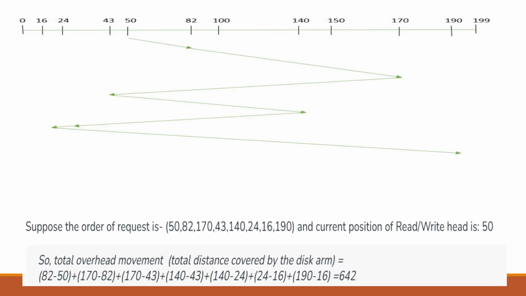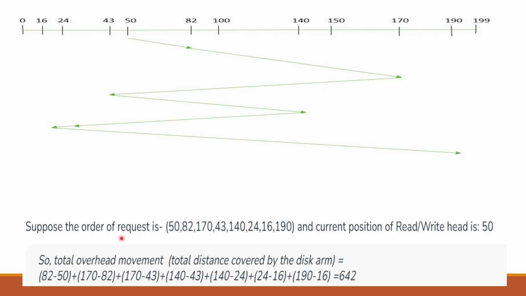Let's see an example for the first come first serve algorithm. The order of the requests is given here, and the current position of the read and write head is also given, which is 50. In first come first serve, the requests are served exactly in the order in which they arrive.